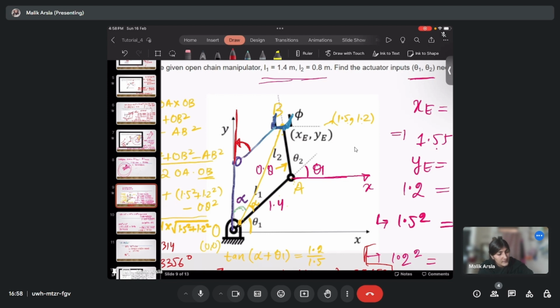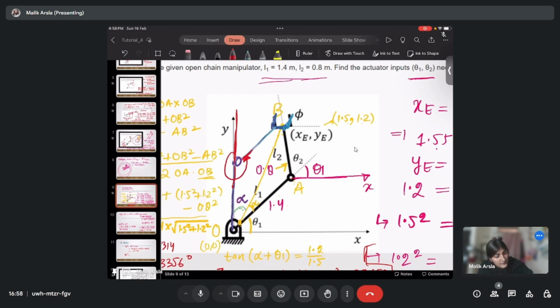If this is my link 1 and this is my link 2, this angle will be measured from this line up to this line.